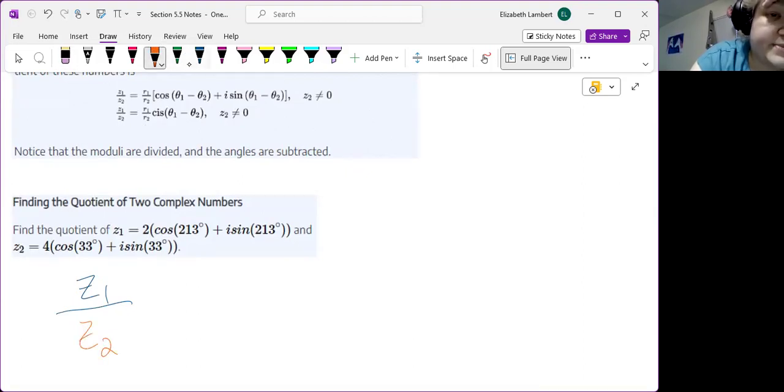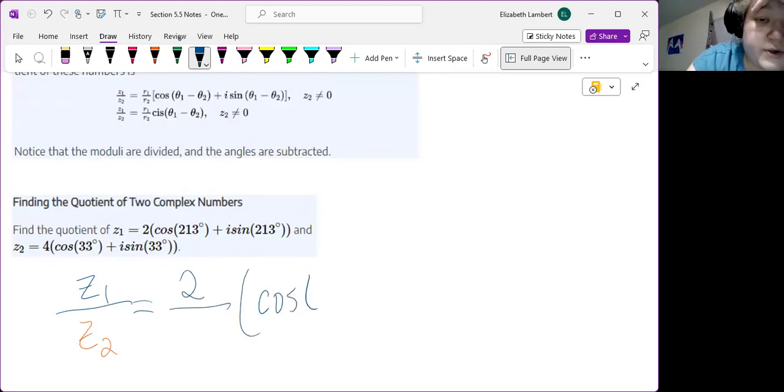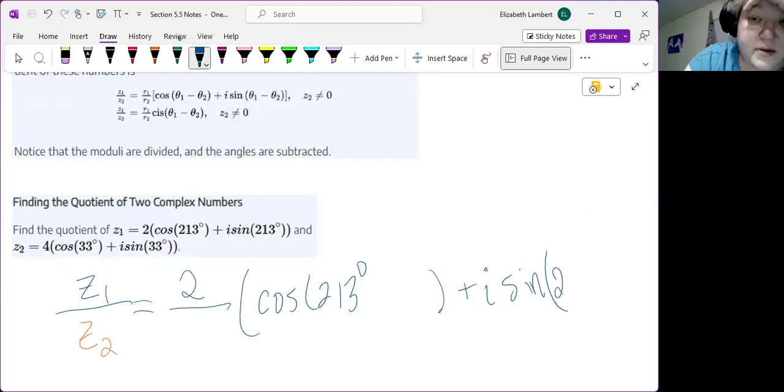Let's try to go with some different colors here. So Z1 is 2 cosine of 213, still plus i sine 213.